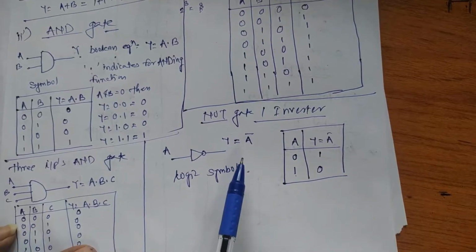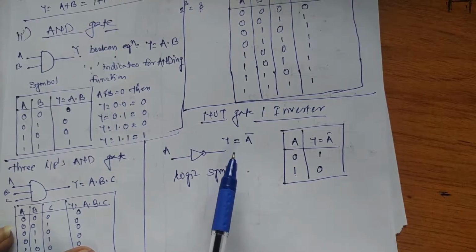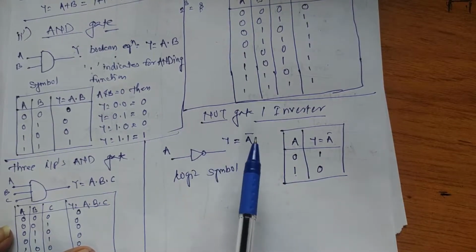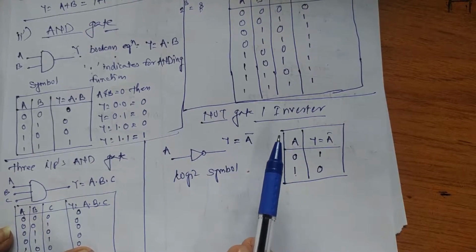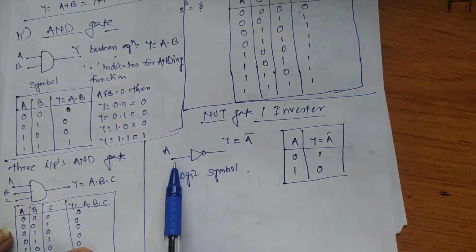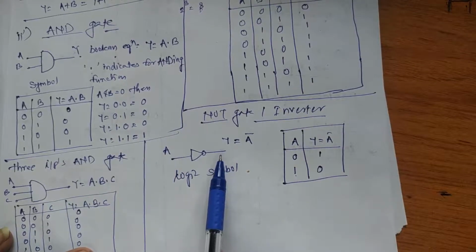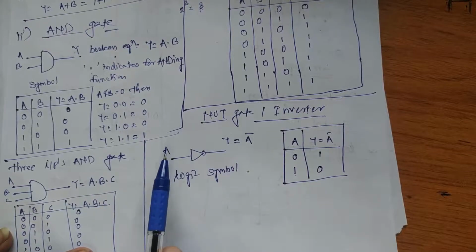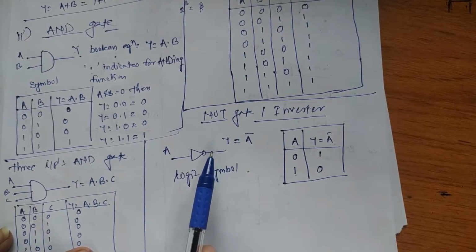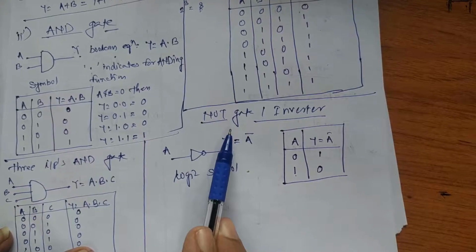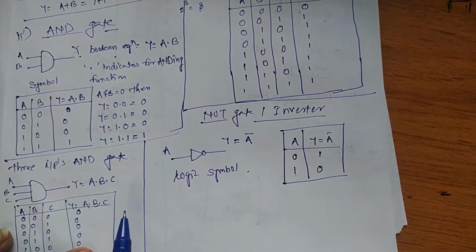So the definition of NOT gate is: NOT gate is a logic circuit which has a single input and single output, and output is the complement of input. It is known as a NOT gate or inverter.